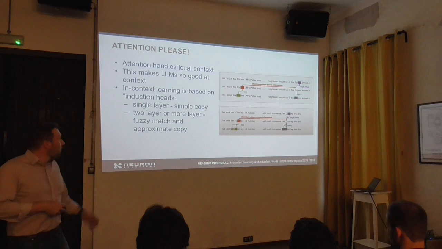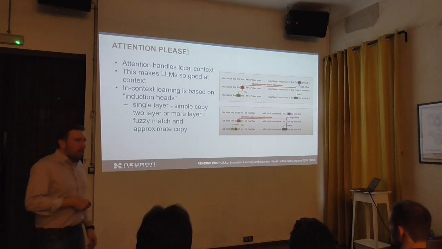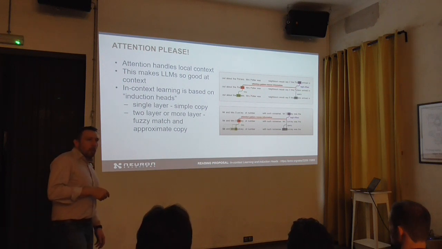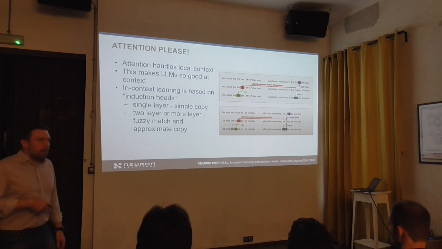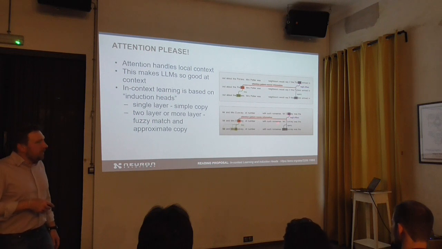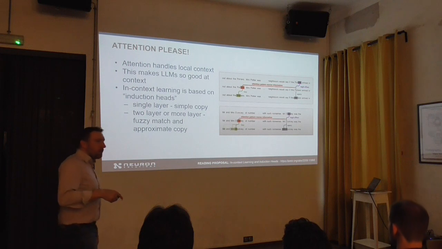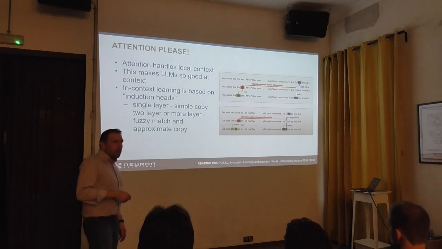If the architecture has two or more layers used that way, these models can do more than a copy. They can do even a fuzzy match, saying let's look back at what was there before and what came after, but not only for the same words, but for similar ones.